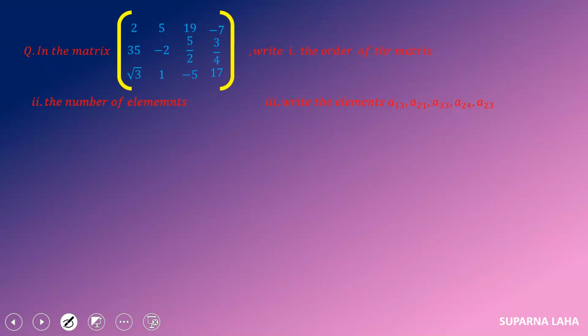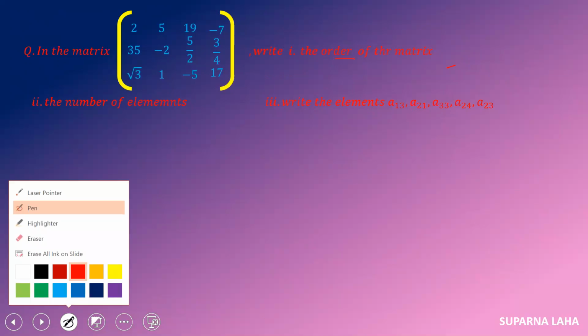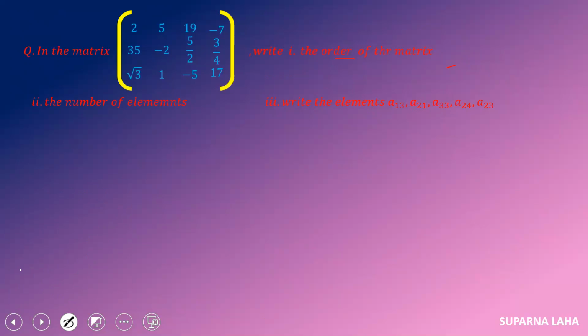Okay, so here the first problem is given like that. One matrix is given. You need to find the order of the matrix, the number of elements in this matrix, and these elements: the value of A13, A21, A33, A24, and A23. So firstly, let's check the order of the matrix.